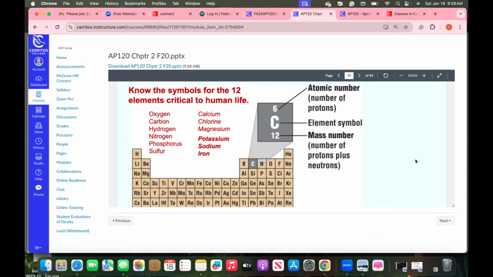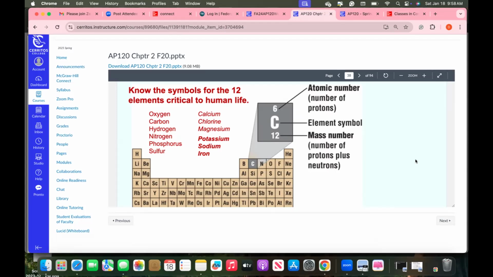Potassium, and then sodium, and then iron. Those are tricky because potassium is not P. Potassium, I believe, is K, if I'm not mistaken. Sodium is Na, and iron is Fe, because they come from other languages.